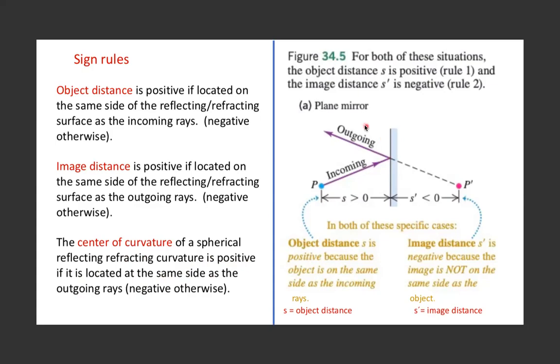Okay, so let's say I have something with curvature like this. This would be a curvature that is positive. Something with a curvature like that would be a curvature that is negative. Okay, S is the object distance and S prime is the image distance. And in this particular case, S prime must be considered negative.